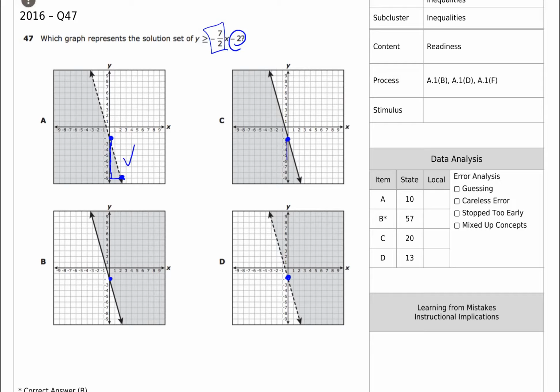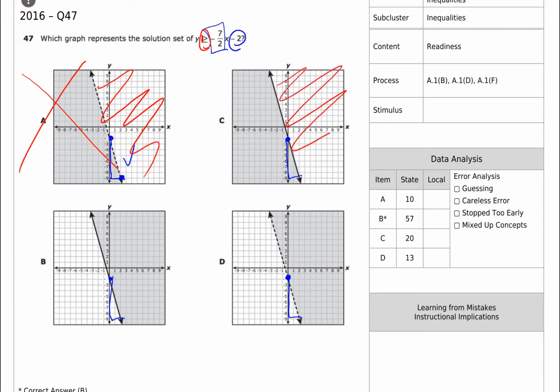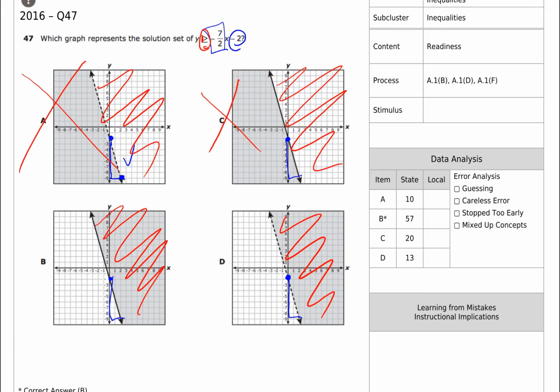And it looks like all of them are going to be down 7 over 2. So now the only difference that we'll look for is it's y is greater than. So it should be shaded above. A is not. C is not. B and D both work. Since it is or equal to, that means it should be a solid line. B is. D is not.